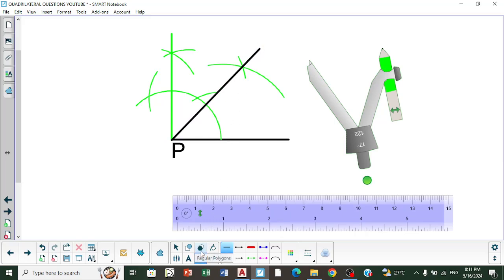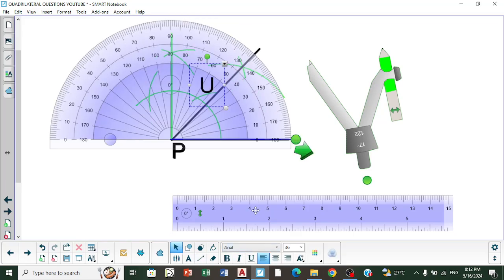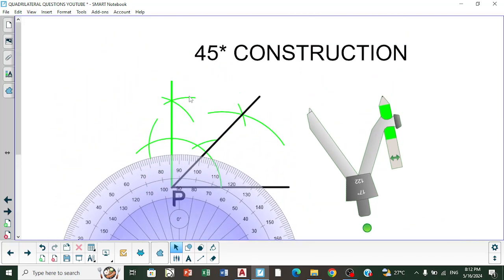So I divided my 90 into 2 equal parts. As you can see, 40 and 50, and it's actually midway between the 40 degrees mark and the 50 degrees mark. So that's my 45 degrees angle construction.